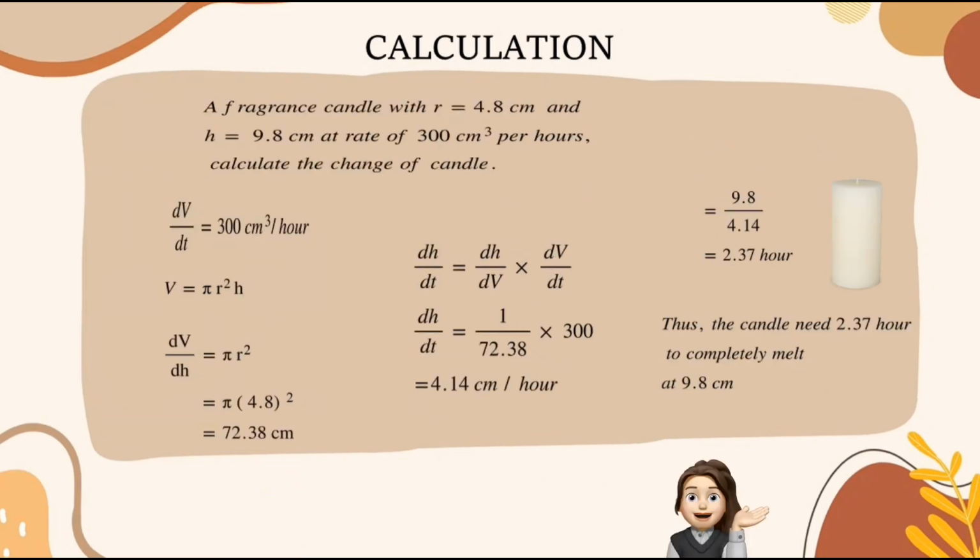Second problem statement. A fragrance candle with r equal to 4.8 centimeters and h equal to 9.8 centimeters melts at a rate of 300 centimeters cubed per hour. Calculate the change of the candle.